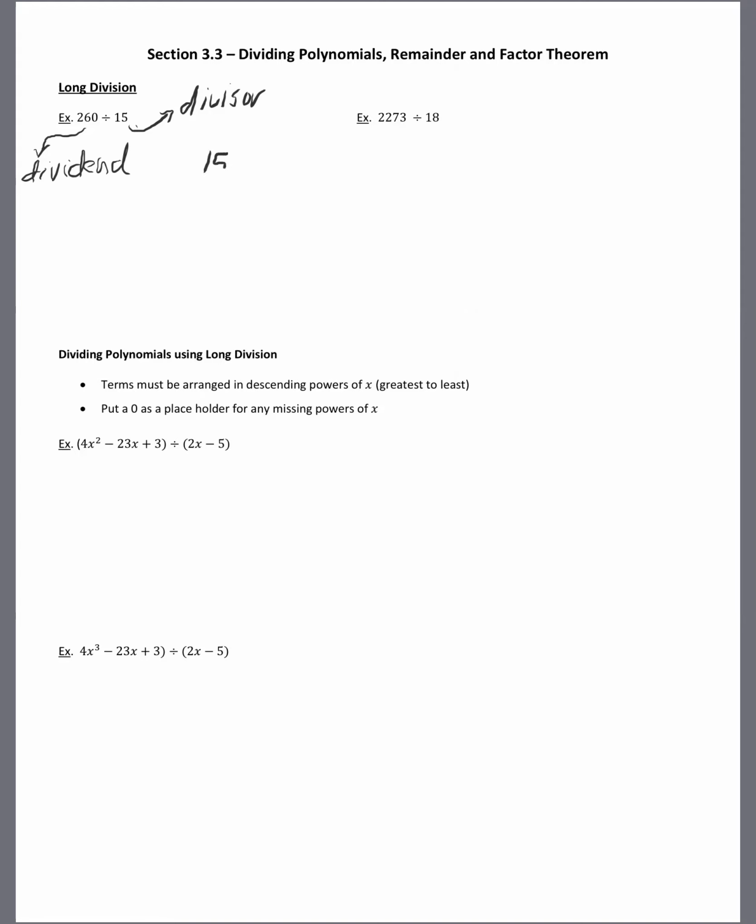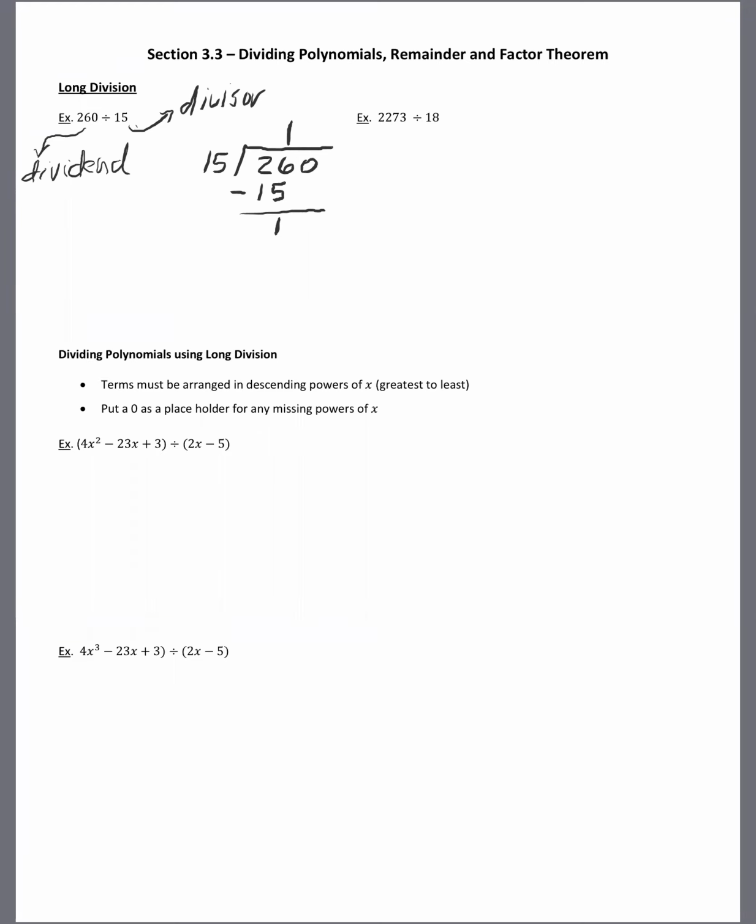And with that 1, we're now going to multiply it by 15 to get the 15 that we'll place underneath the 26. And then in long division, or in any type of division, you're automatically doing subtraction. So we're going to subtract both 5 from the 6, which gives us a 1, and 1 from the 2, which also gives us a 1.